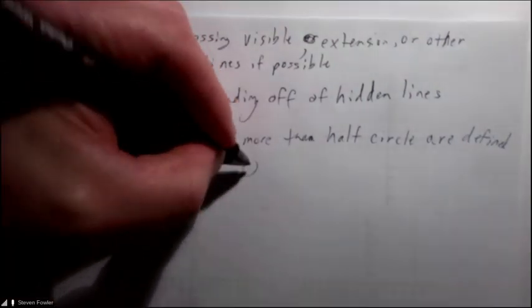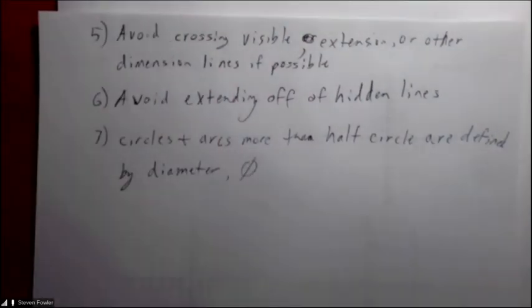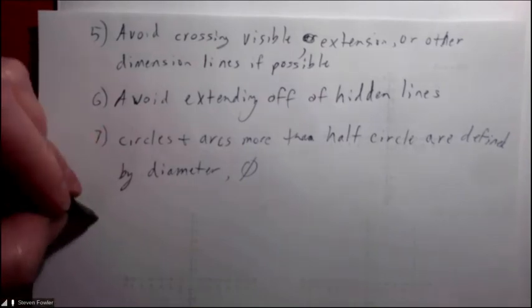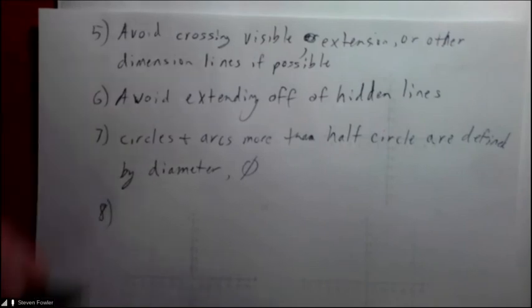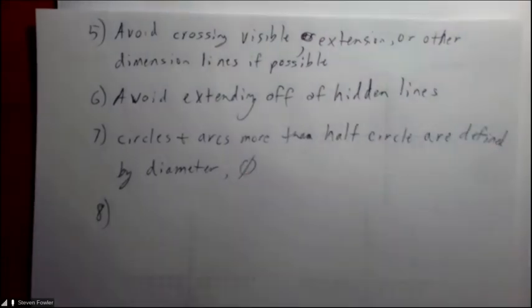We use a kind of a symbol where you put a circle with a line going across the major diameter. And again, SolidWorks will do most of this for us. We'll see that when we throw a smart dimension on a circle and it shows us the diameter, it'll give us the symbol there, some symbol like that.